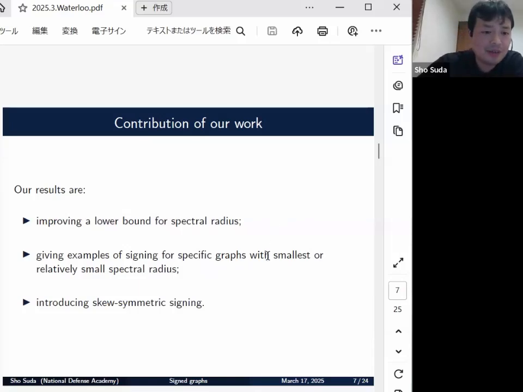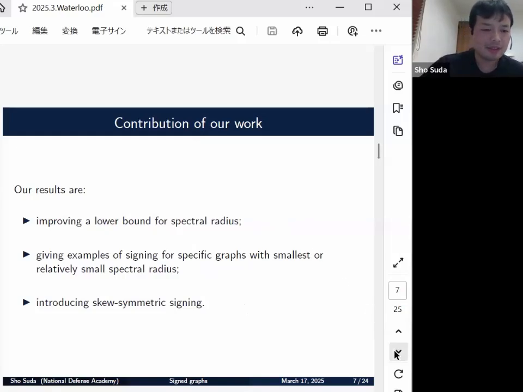Also, I want to give some examples of signings for specific graphs with smallest or relatively small spectral radius. Here, relatively small means our signings satisfy Bilu and Linial's conjecture. Also, I want to introduce the skew-symmetric signing, and give some results about the skew-symmetric case.